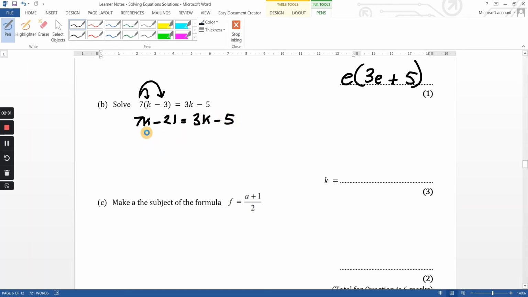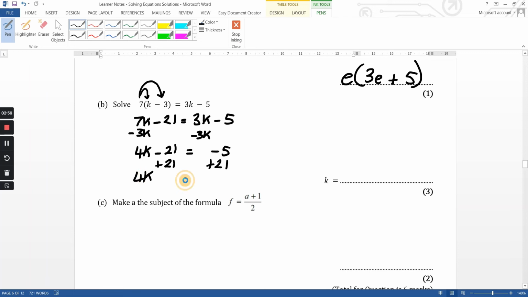Let's keep the k on the biggest side, so let's get rid of it on this side: minus 3k here and here. That gives me 4k minus 21 equals minus 5. Let's get rid of this, so we'll have to plus 21 here and plus 21 to the other side.